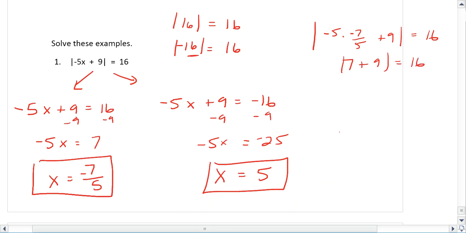And then if you want to check your positive 5, go ahead and plug it in for the x and do the math. Negative 5 times positive 5 is negative 25, plus 9 is a negative 16, and that is indeed equal to a positive 16. So both of our answers checked out.